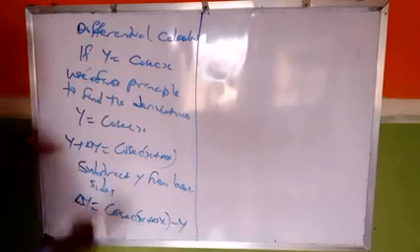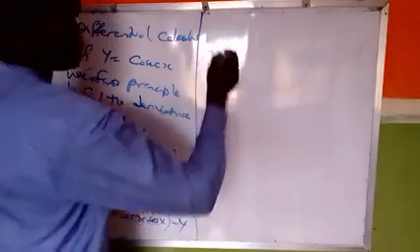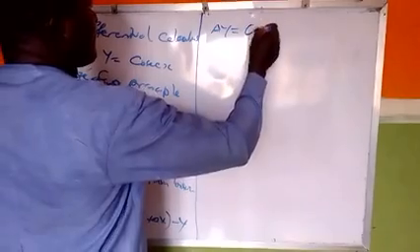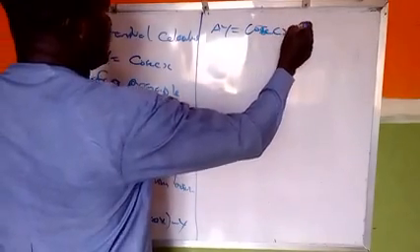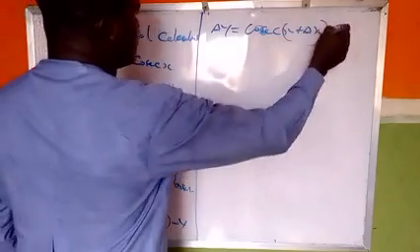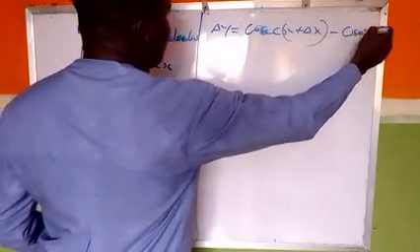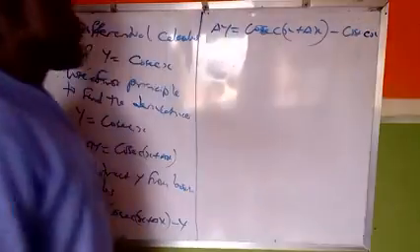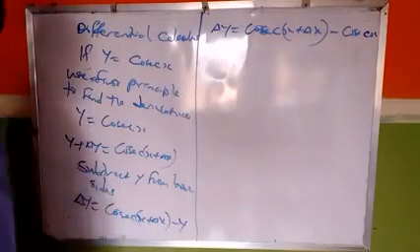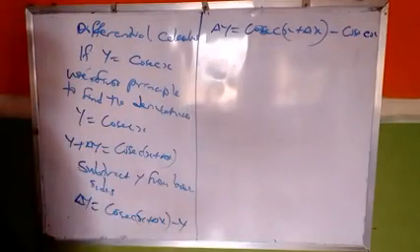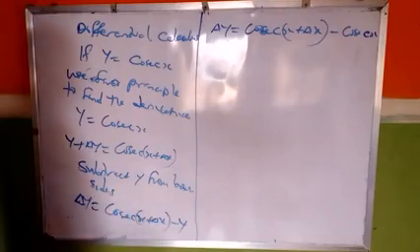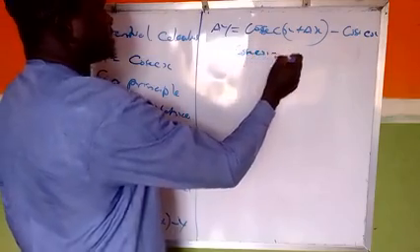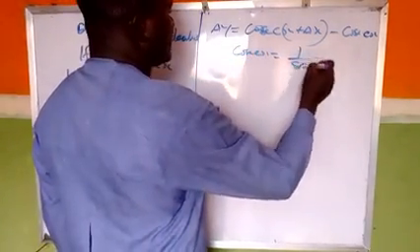So what is y? y equals this. So you substitute y: delta y equals cosec of x plus change in x, in brackets, minus cosec x. And then again look at something. You know that cosec x equals 1 over sine x.